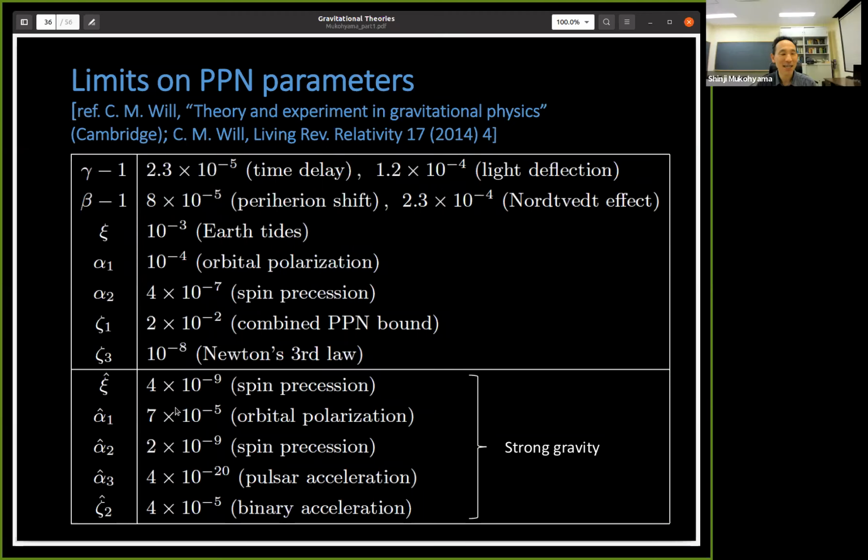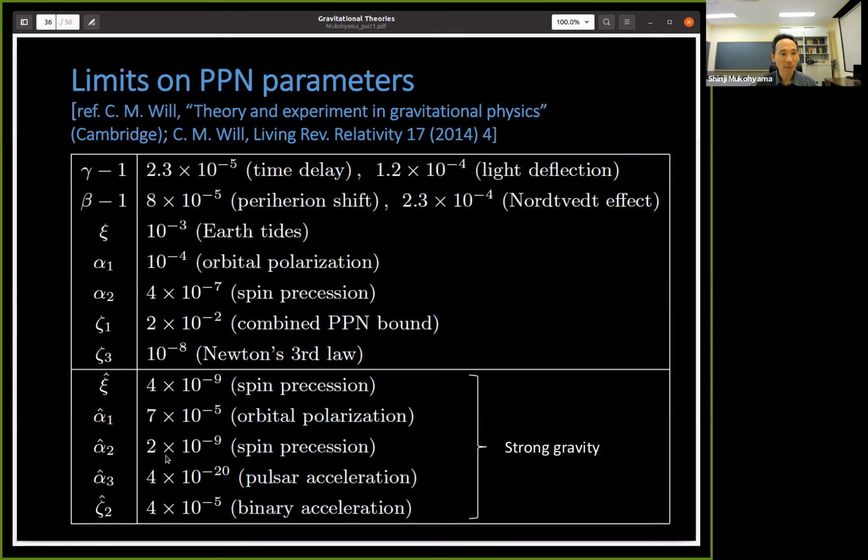I think, as I said, computation of these parameters from a given theory is in general very complicated, and we need to compute the so-called sensitivity, for example, and that involves nonlinear computation. And it also depends on the equation of state and many complicated things.